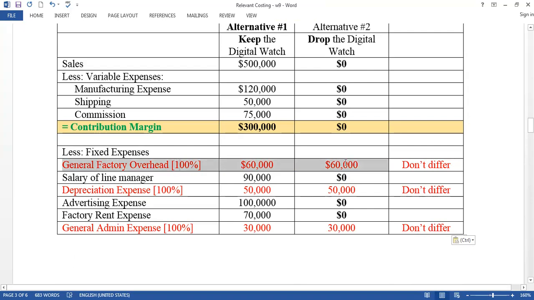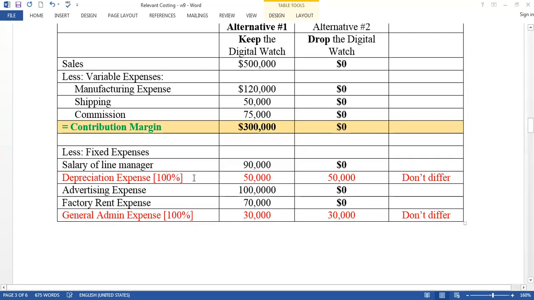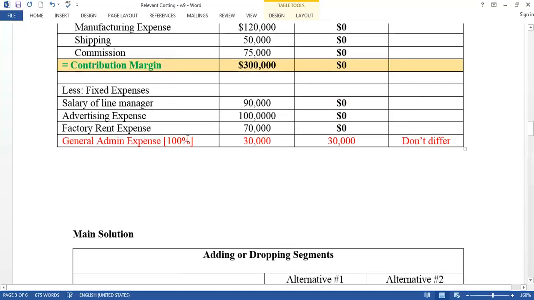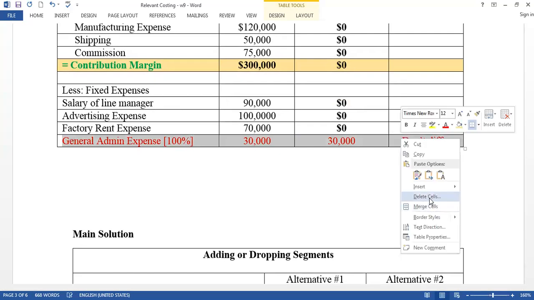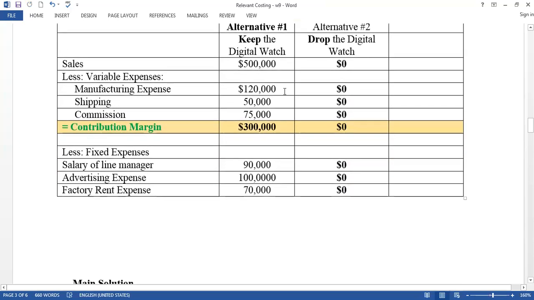Now look at this clearly. I am going to delete this. Which part I am going to delete? If there is no difference, I delete it. Now we keep the information that there is a difference.